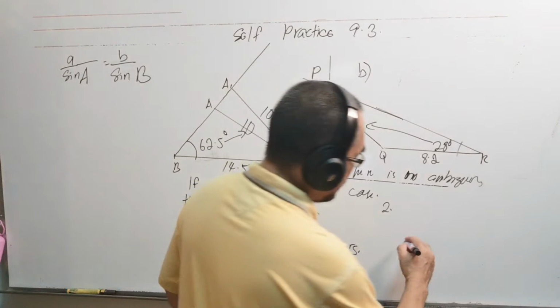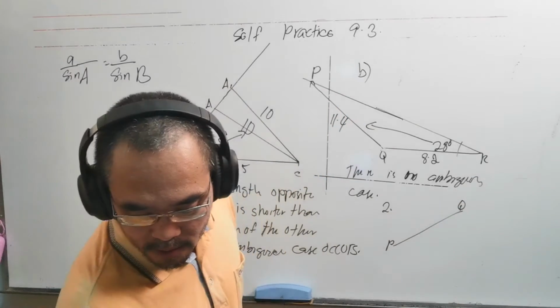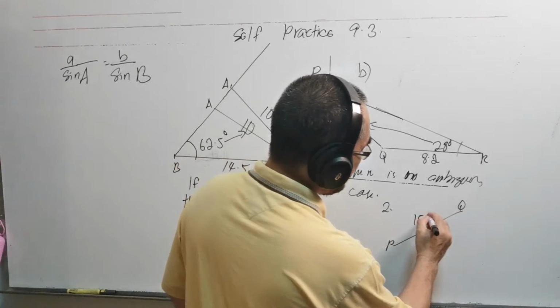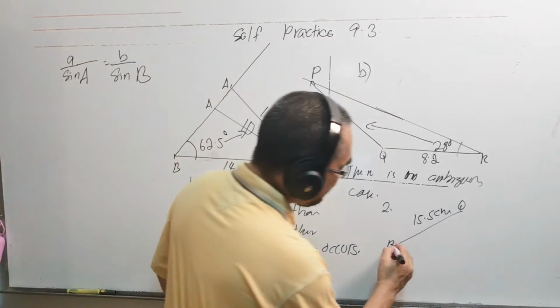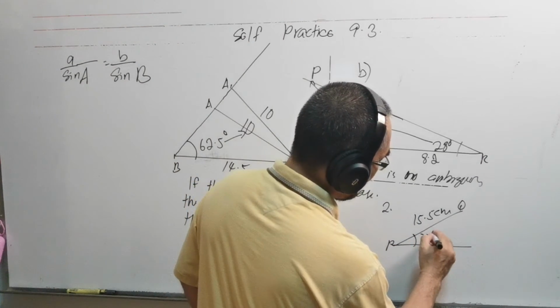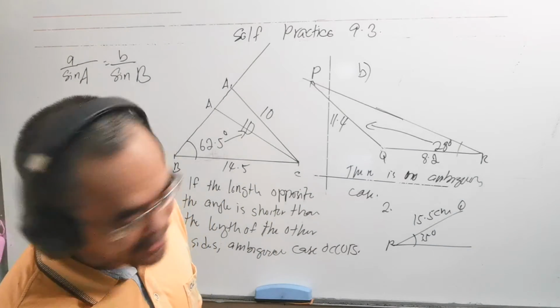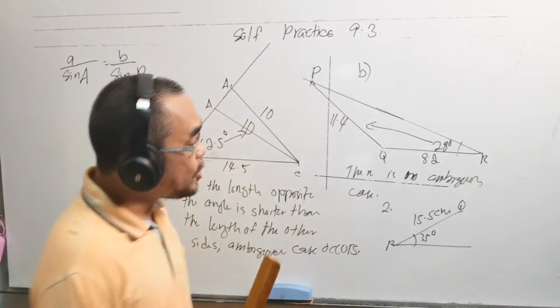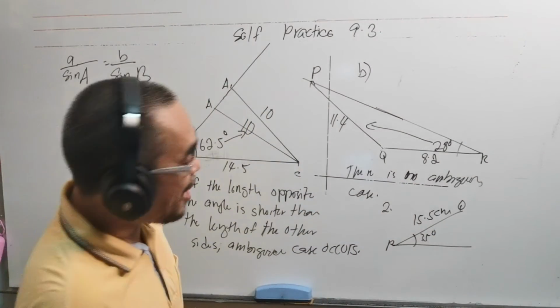So we have PQ, P to Q is 15.5 centimeter, and then this is 35 degrees. And QR is only 10.5.